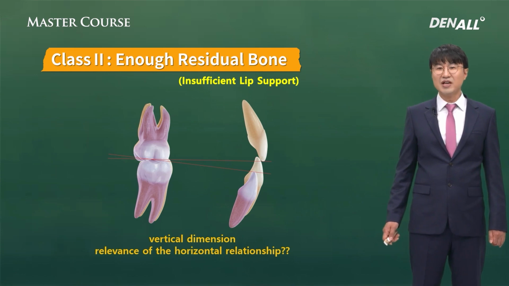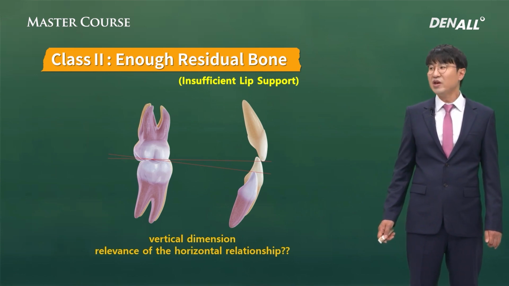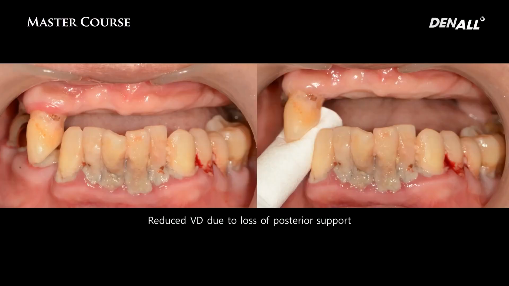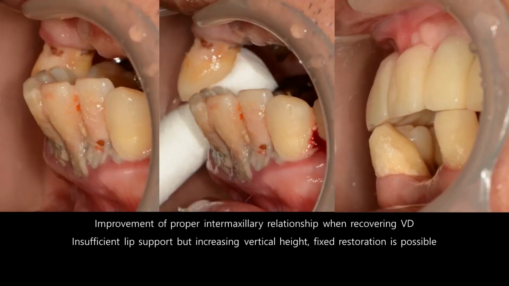On the upper and lower side, the vertical dimension could be misinterpreted due to the horizontal relationship. You will understand more by looking at how the vertical dimension has been reduced. At first glance, the lip support looks insufficient, but if you bite with a cotton dome and you can have a slight recovery of vertical dimension, then you see there is actually lip support.